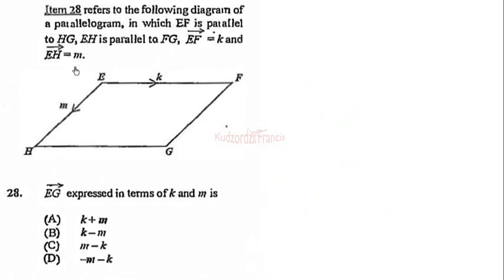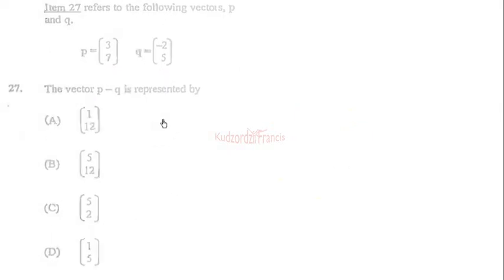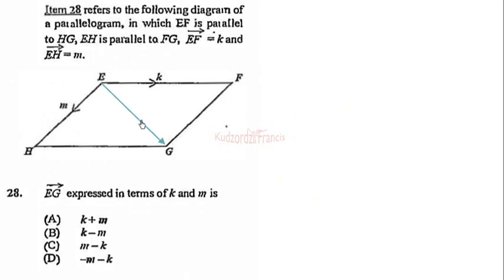Now let us look at this one. We have item 28 refers to the following diagrams, and we want to find vector EJ. We know that vector EJ is going to meet EH. So vector EJ is equal to vector EH plus vector HG.